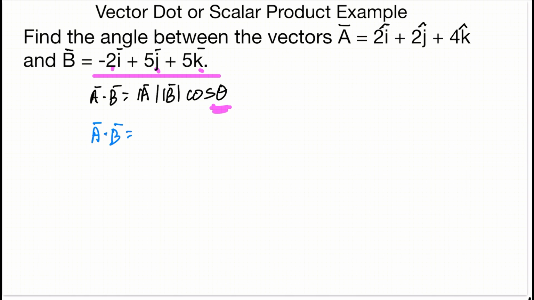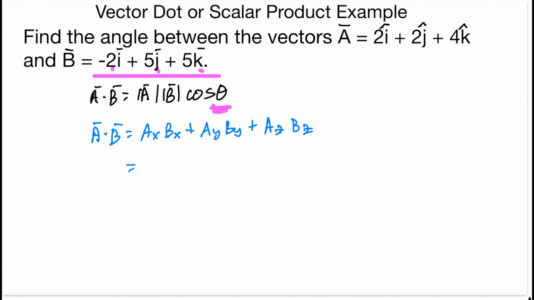Now we know from previous work that A dot B is AX times BX plus AY times BY plus AZ times BZ. Those are just the components of the vector, and they're given in the problem.